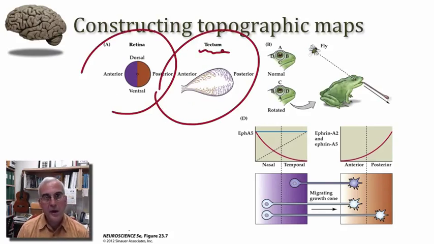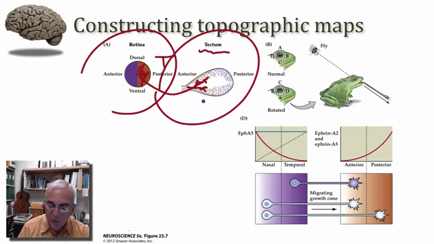What's known about the anatomy of this system is that the posterior or the temporal part of the retina from the frog eye tends to send its axons into the anterior region of the tectum, preferentially avoiding the posterior region.